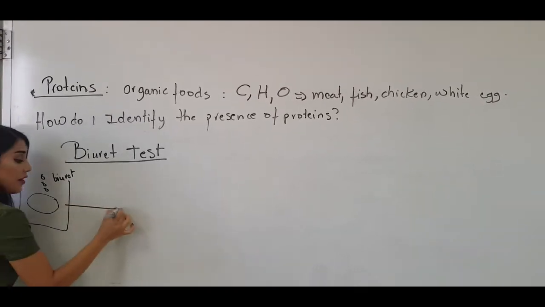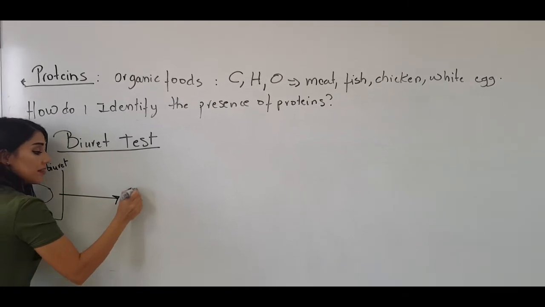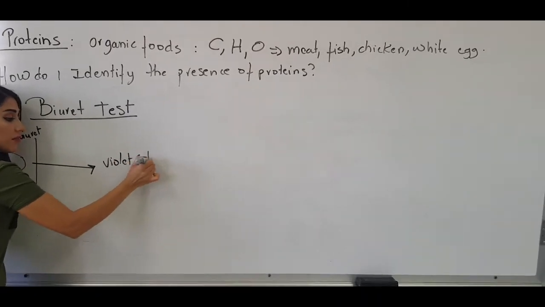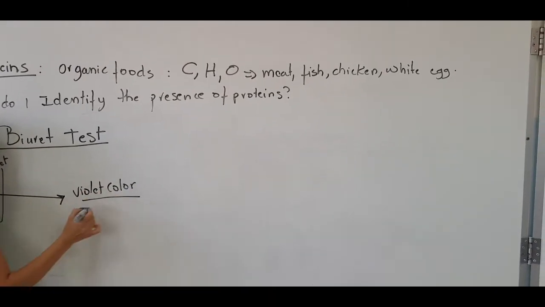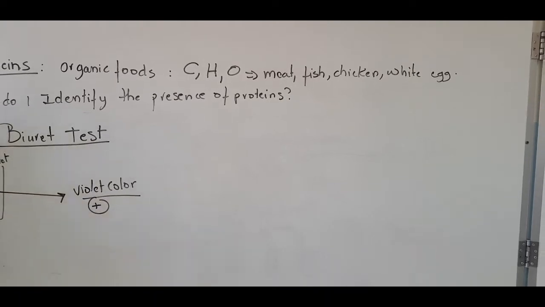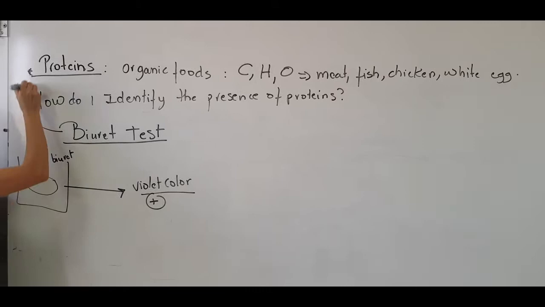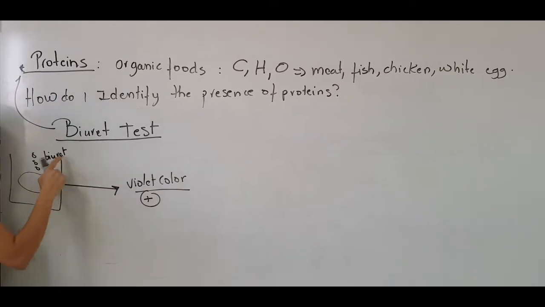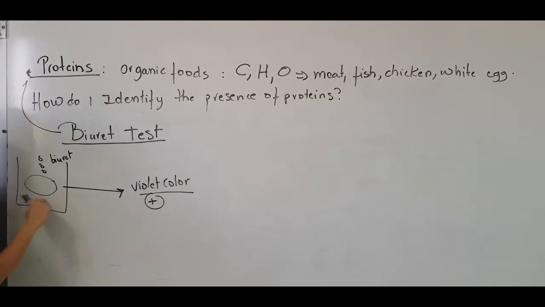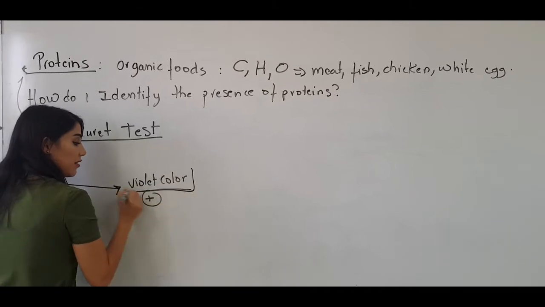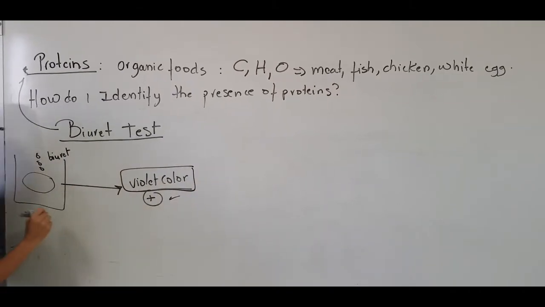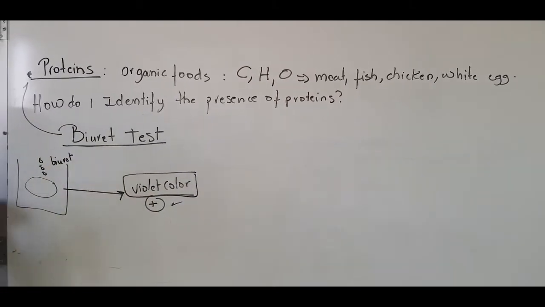If the color turns into violet color, it means it contains protein. So if I use the violet test to confirm whether there is protein, I put some drops of violet test. If the color turns into violet color, it means it does contain protein.